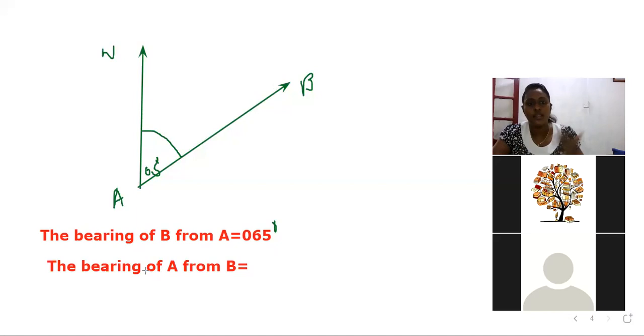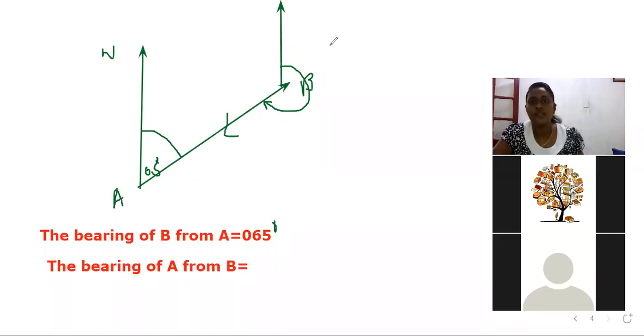Now asking the bearing of A from B, from B the north must be indicated at B, because from the place, that is the important thing. Then you keep the protractor at B in this way and find the angle, right? So this is the direction, the bearing of A from B.